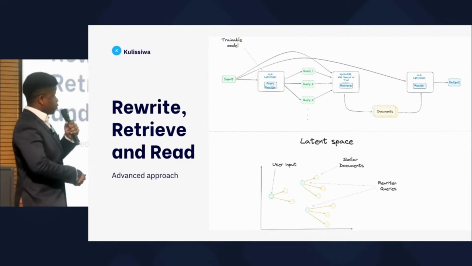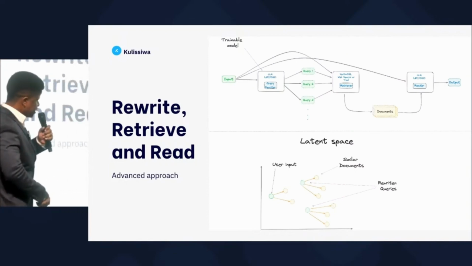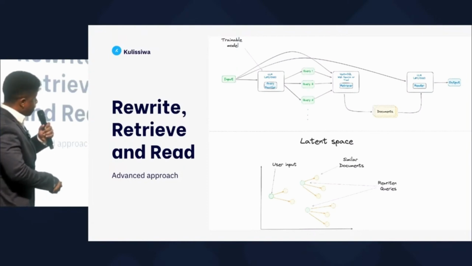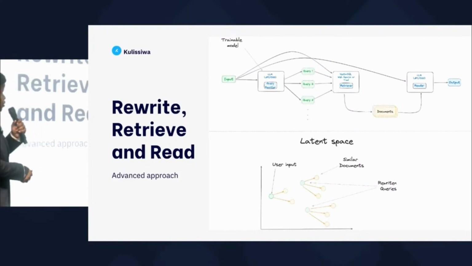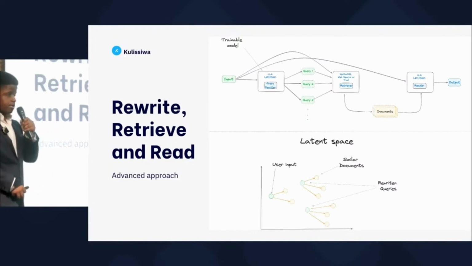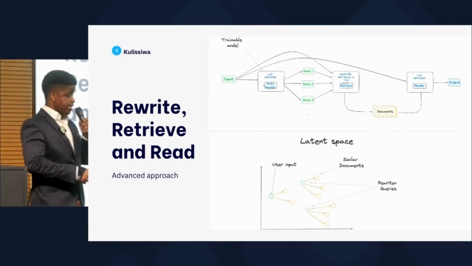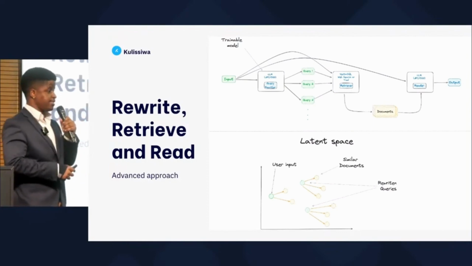Then what happens when you retrieve? Instead of retrieving only these two documents that are closer in the vector space to the user query, you can get way more context from the vector database or the retriever just by rewriting the query in different ways. And this can improve your accuracy significantly.